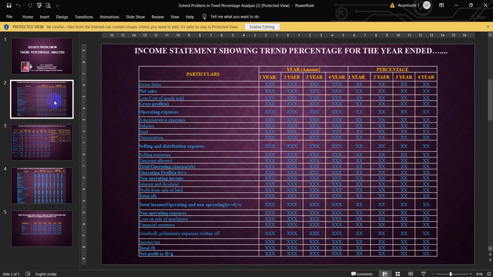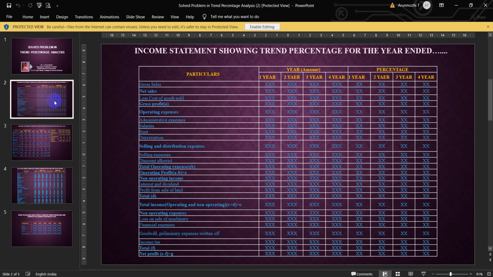Trend refers to any general tendency. Analysis of these general tendencies is called trend analysis. Like comparative financial statements, trend analysis is also a horizontal type of analysis of financial statements.